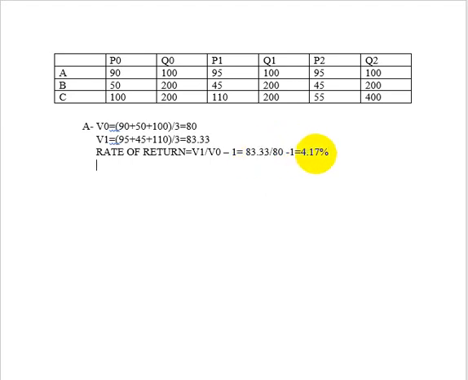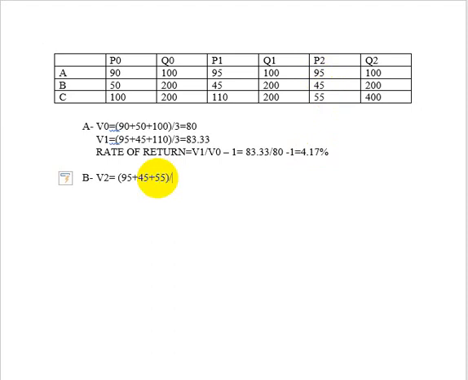Now in part B, it says, what must happen to the divisor for the price-weighted index in year 2? In year 2, let's say V2 is equal to, at period 2, stock A has a price of 95, stock B has a price of 45, and stock C a price of 55.